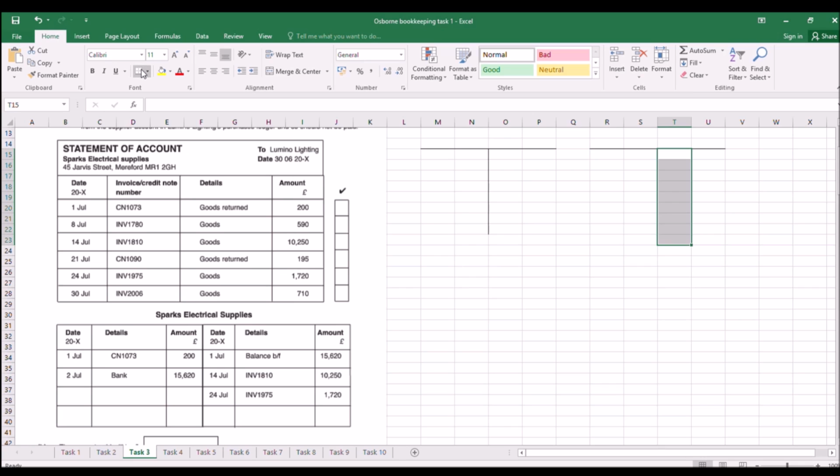Okay, this is quite good because they've laid it out in a nice run. So here is the purchase ledger from Lumino, right? And let's just do this as if we posted what Sparks would have done. So this is Sparks' version of this.